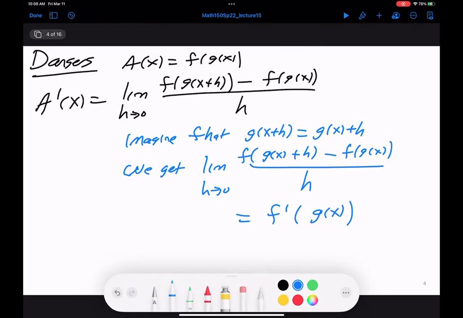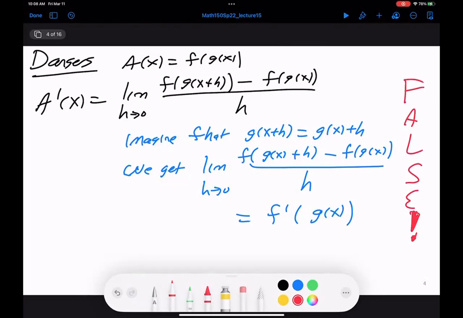And in fact, you can see that this lie is what's responsible for the missing g prime. So just to make sure there's no confusion, this is of course false. This is not true. You cannot do this.